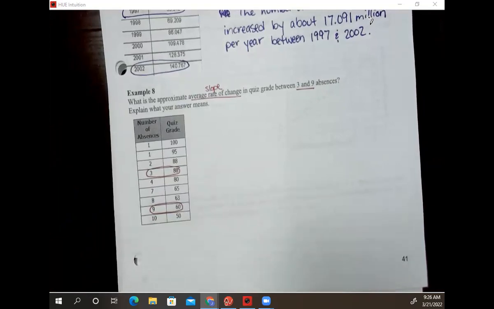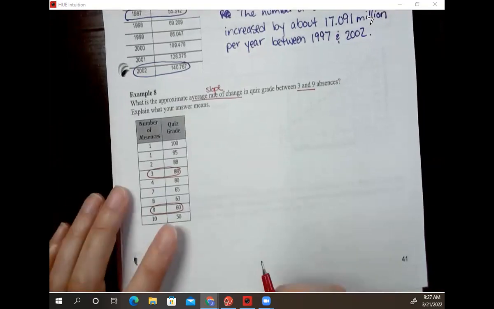Average rate of change here means, sort of algebraically, we're going to find the slope. But in terms of this problem, what we're looking at is how does my quiz grade change based on number of absences. Okay, so I'm going to find the slope between these two.